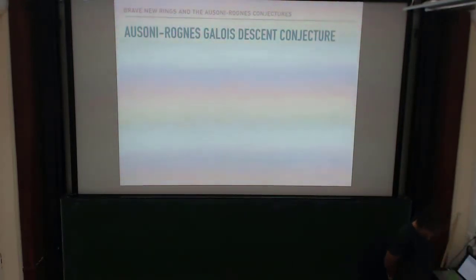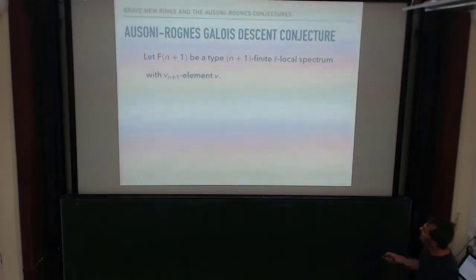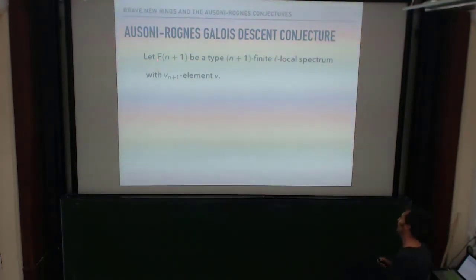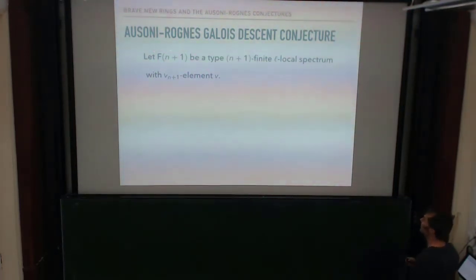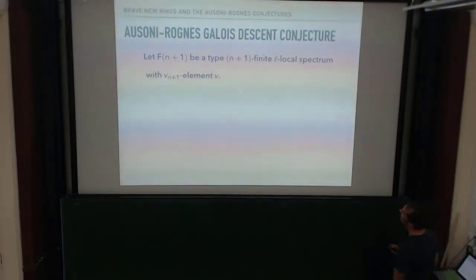So Ausoni and Rognes made a Galois descent conjecture motivated by what we already know for commutative rings. To set this up, we take one of these finite type n+1 complexes from the beginning, which has this self-map v.